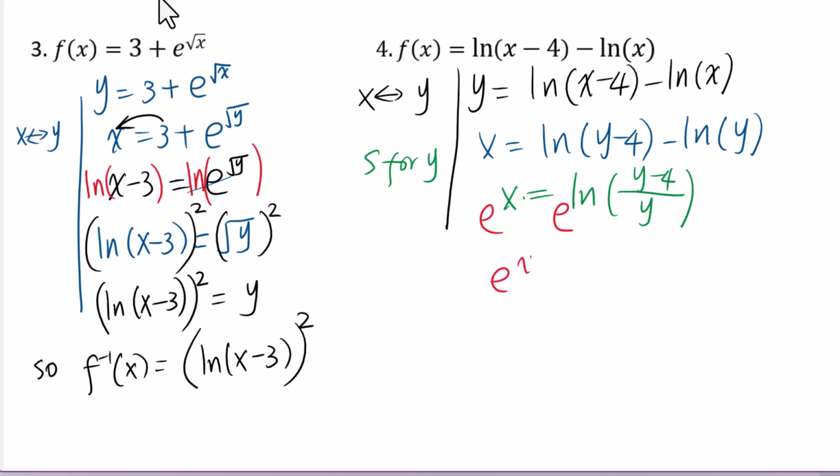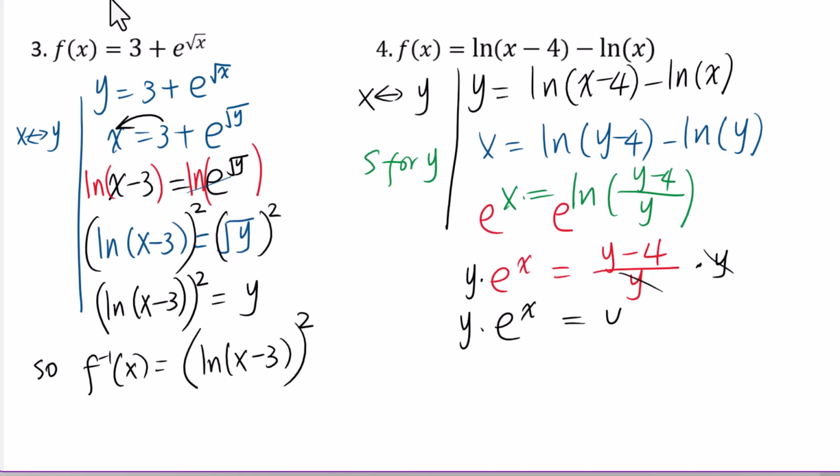E to the x power equals y minus 4 over y. Solve for y. Since we have denominator, times y both sides, reduce. y times e to the x power equals y minus 4. Next step.